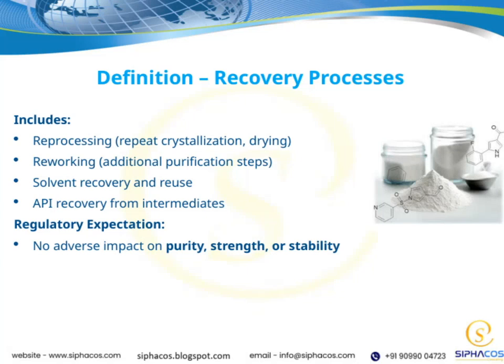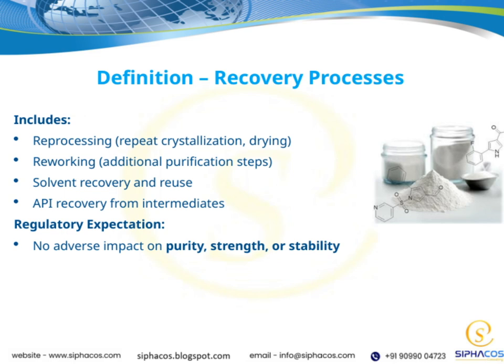Let's take a closer look at what we mean by recovery processes. These are the methods we use to recover and reuse materials during production, which not only helps with efficiency, but also with compliance. Reprocessing is one key aspect. This involves repeating steps like crystallization or drying to ensure we get the desired quality.